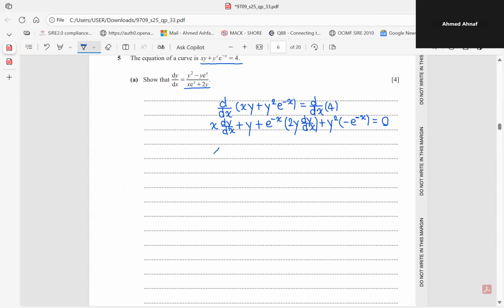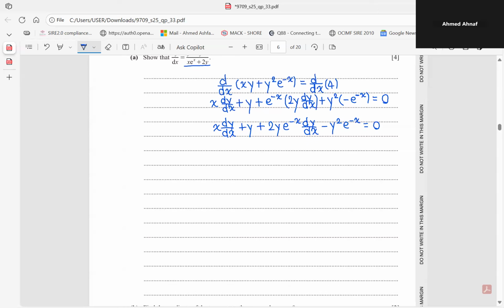All right, let's simplify everything in here. So x dy/dx + y + 2y e^(-x) dy/dx - y² e^(-x) = 0. Now let's keep all the terms in dy/dx on the left side.